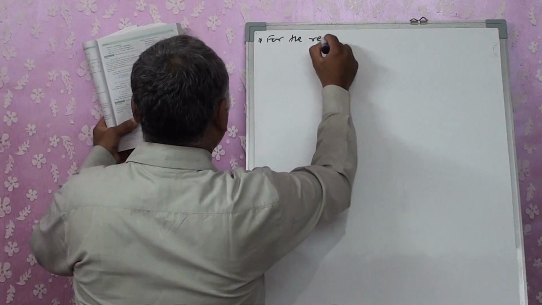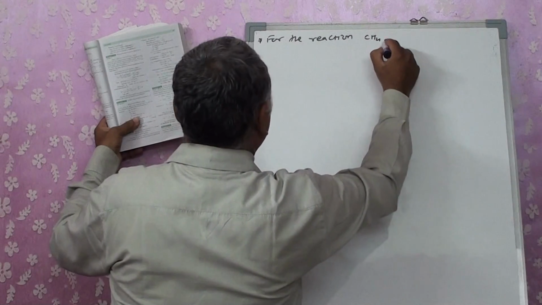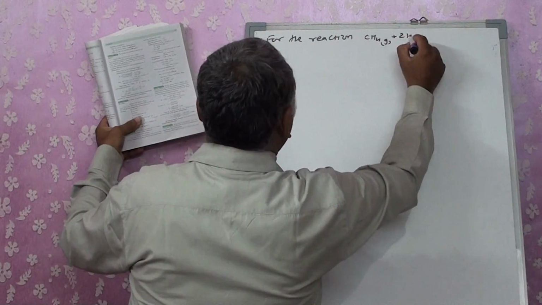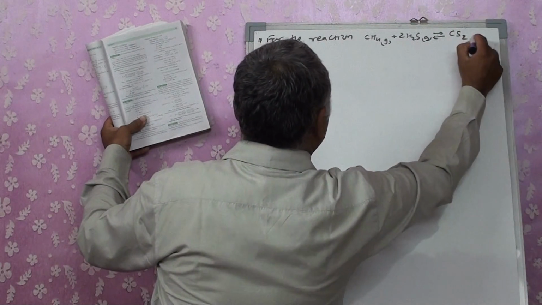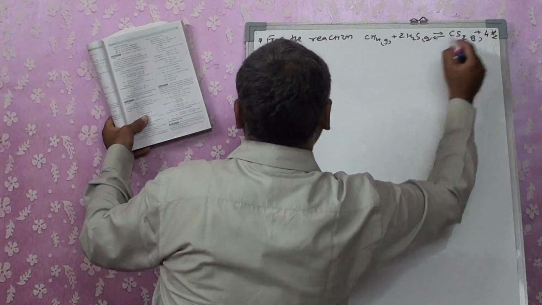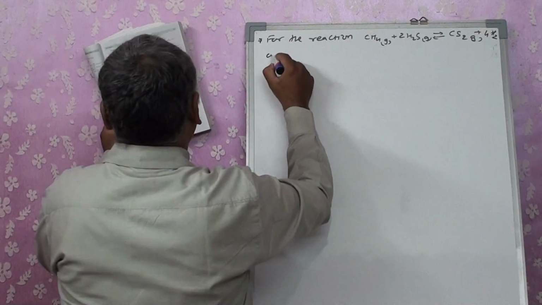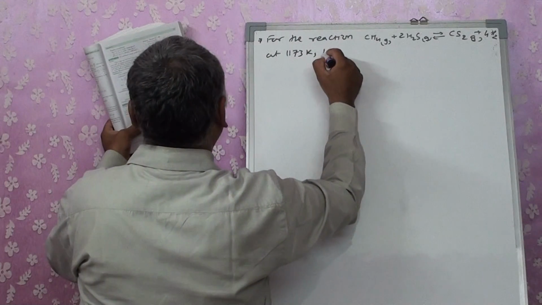For the reaction CH4 plus 2H2S as gas, it gets converted into CS2 gas plus 4H2 at 1173 Kelvin.